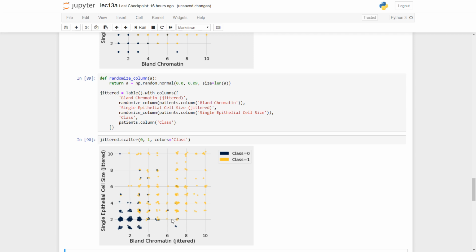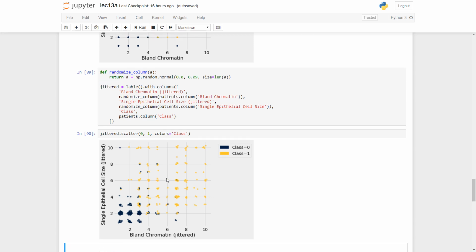From that graph, again, it's not very easy to find a manual way to classify. You see here there is an overlap, here there's an overlap, here there are some overlapping points, so it's not very easy to distinguish between the two classes. That was just to show you some real examples of classification problems.